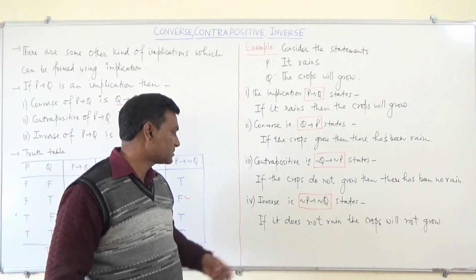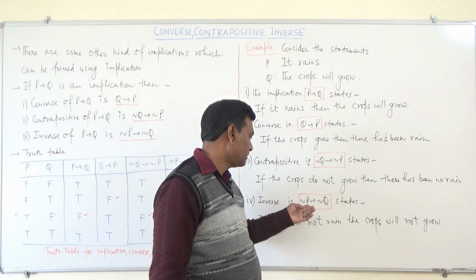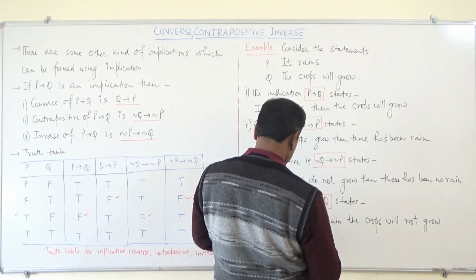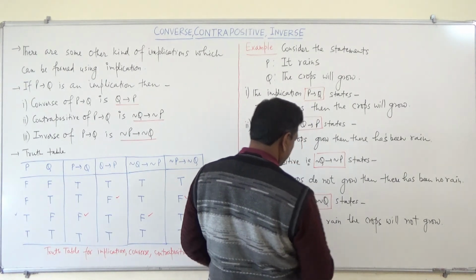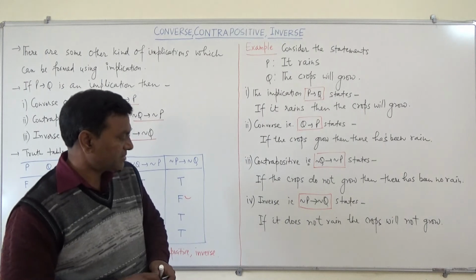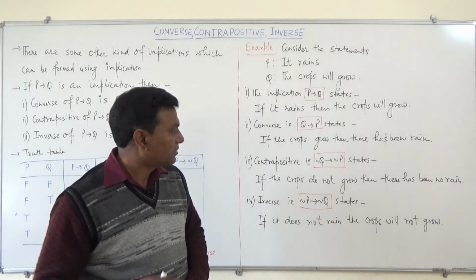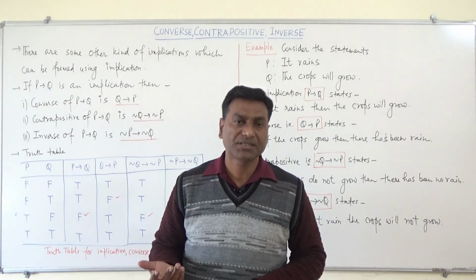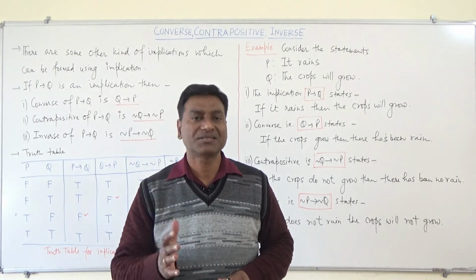And the fourth is inverse, that is not P implies not Q: if it does not rain, the crops will not grow. So these are the three implications which can be formed using the conditional statement.